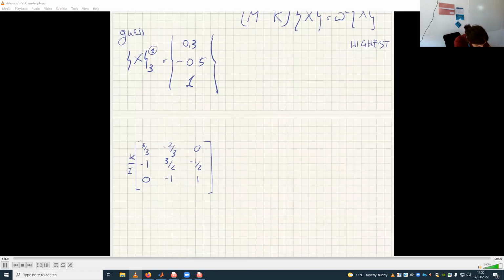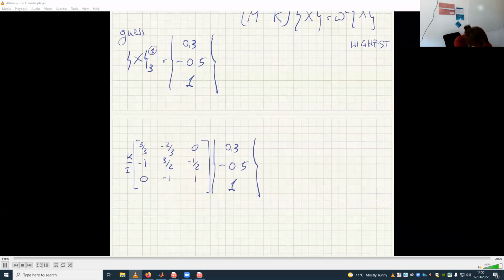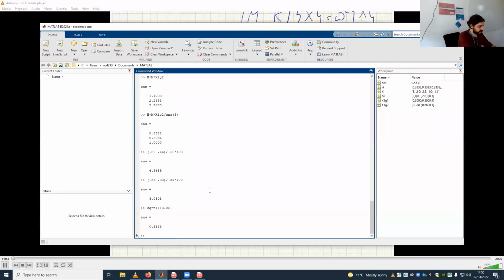So this times this is... let me do this with MATLAB. It's m-1 times k, so the inverse of m times k.